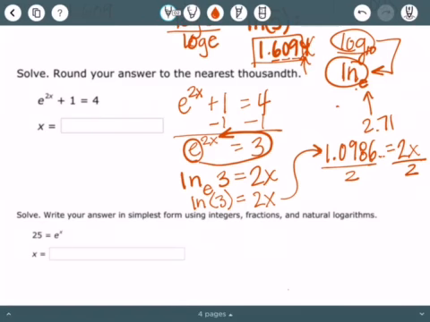I get 0.5493 equals x. I still want thousandths, 1, 2, 3 decimal places. That 3 is not going to change it, so I get 0.549 as my answer.